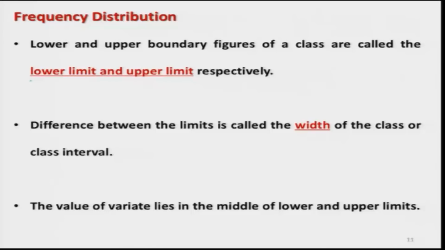So, whenever we are trying to define a class, there are going to be 2 values. One is the lower boundary of the class and the other is the upper boundary of the class, and these are called the lower limit and upper limit.